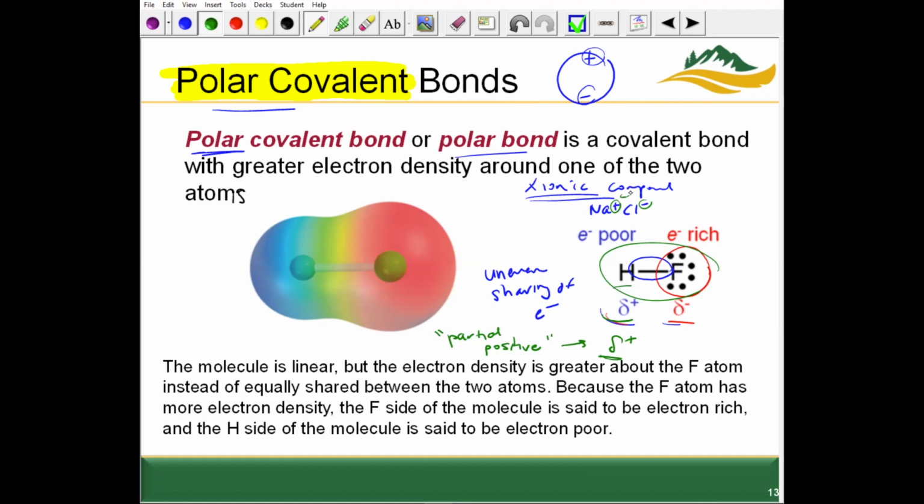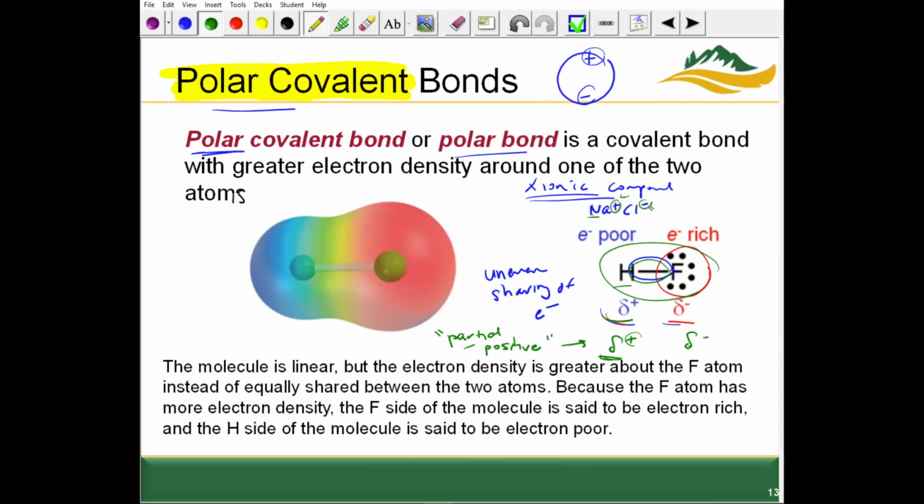It's not acting like a cation here with a full positive charge, where that atom has lost an electron. It's still sharing electrons. It hasn't lost any electrons. That's why it has a partial positive, not a full-on positive, but a partial positive region. Similarly then, fluorine will have a partial negative region.